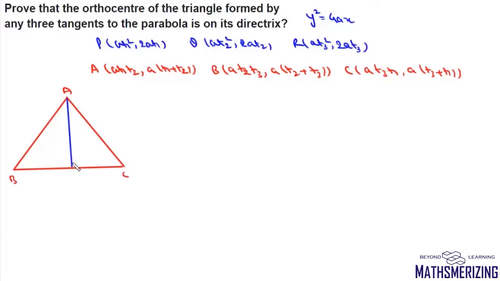Now we know that the orthocenter lies on the point of intersection of altitudes. Suppose this is D and this is E. Now we'll find the equation of AD. This line will pass through this point A, so we can write the equation as y minus a(t1 plus t2) equals, and since this line will be perpendicular to BC, it will be minus (x2 minus x1) over (y2 minus y1).